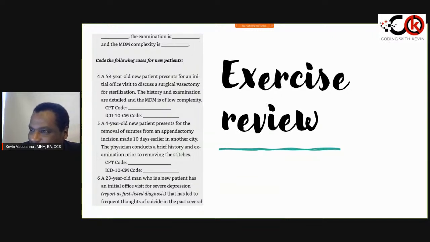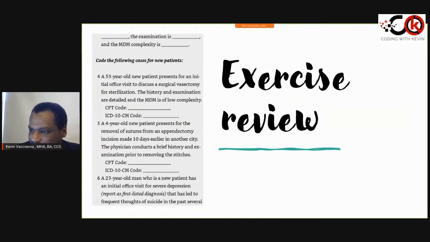Comprehensive. And the MDM? High complexity. Okay, so the reason for that exercise is to make sure you can identify in each of the E&M code sets what the three levels we're driving at are. Okay, so you'll know exactly what you're looking at.